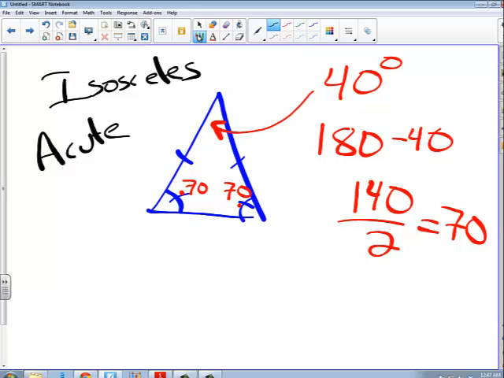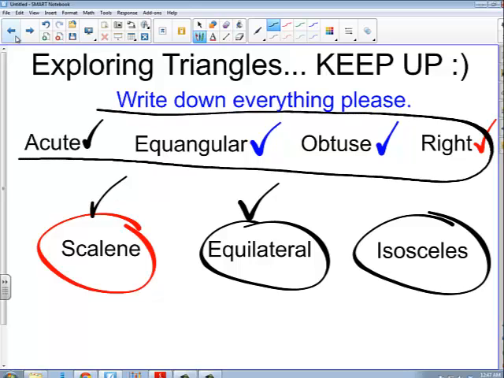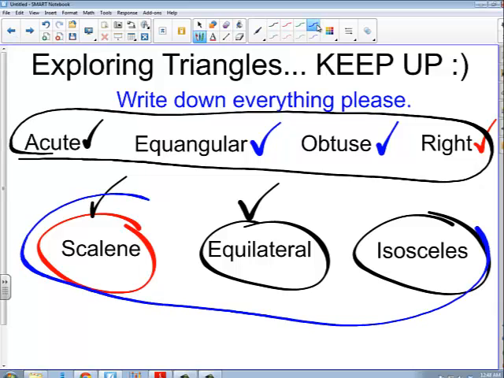Okay, all three of those less than 90. So when you're going through on the worksheet, if it asks you to label the triangles, you're going to have an option between acute, equiangular, obtuse, and right. And then you're going to have a choice between scalene, equilateral, and isosceles. So it might have more than one label.